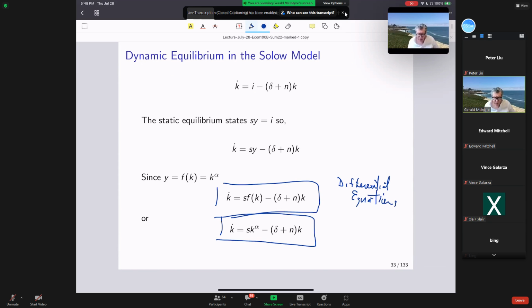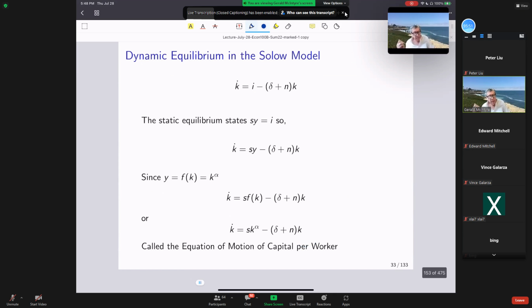Recall small k dot is equal to dk dt. So on the left-hand side, I have a derivative, and the right-hand side is some kind of formula. Both of them have a name, and their name is the equation of motion of the capital stock per worker. That's how the capital stock per worker evolves, right?